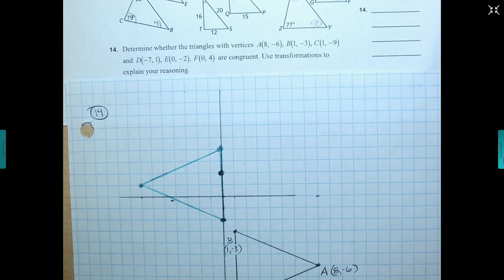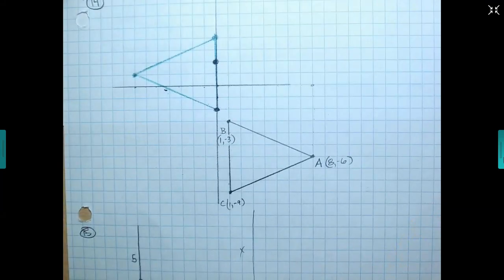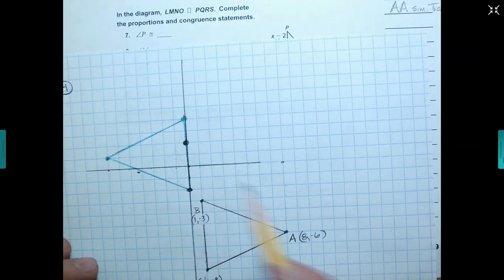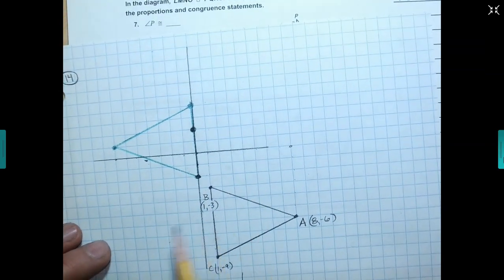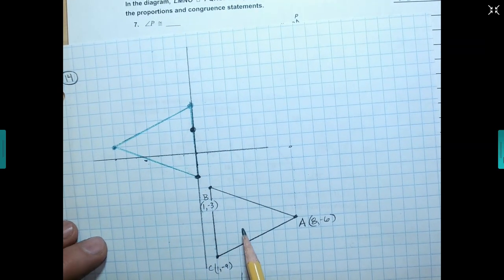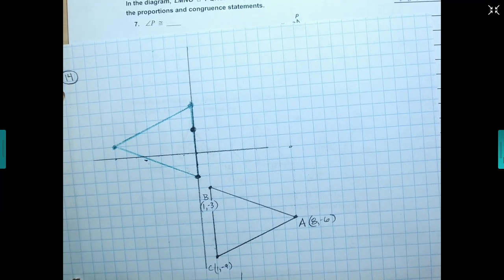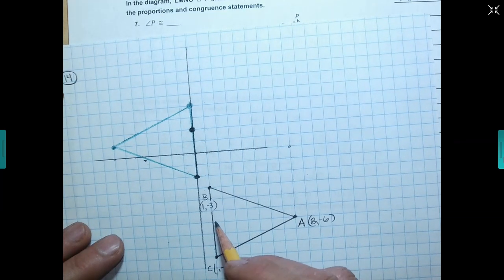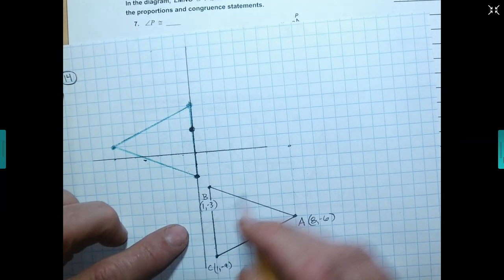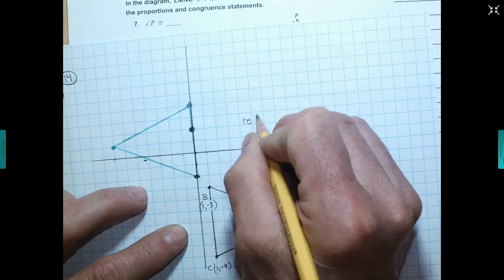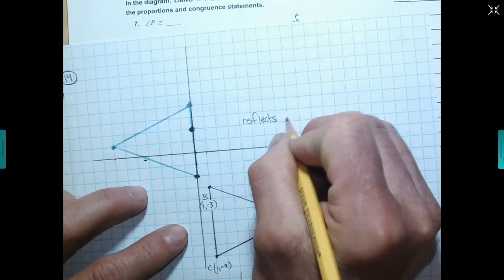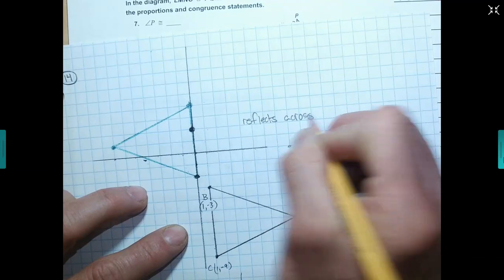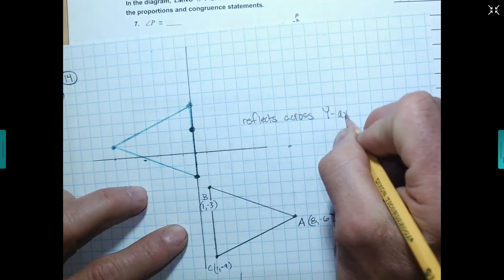And we have to explain the transformation. So what is the transformation from here to here? Well, it flips. It flips and you move it, or you move it and it flips. So what we could do, let's flip it so it reflects across y-axis.